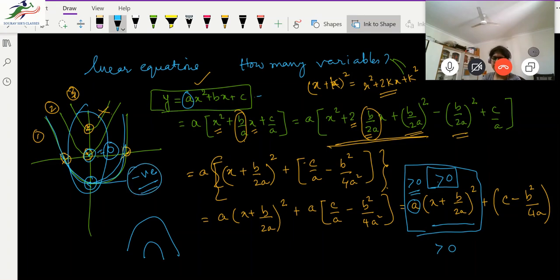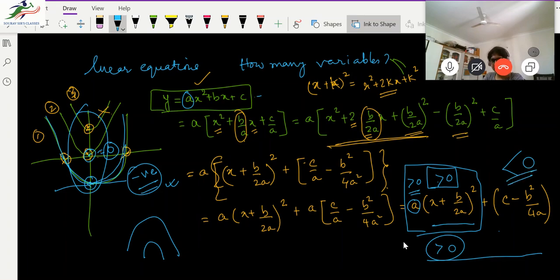So let us take the first case first. If this point has to be negative, then this whole term has to be negative. But the first term will always be positive, so the second term has to be negative for this to have real roots.